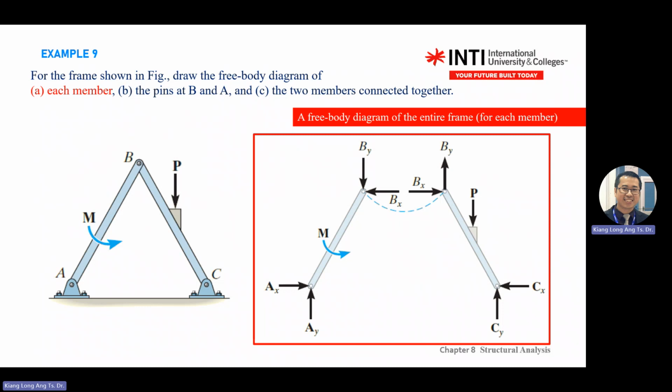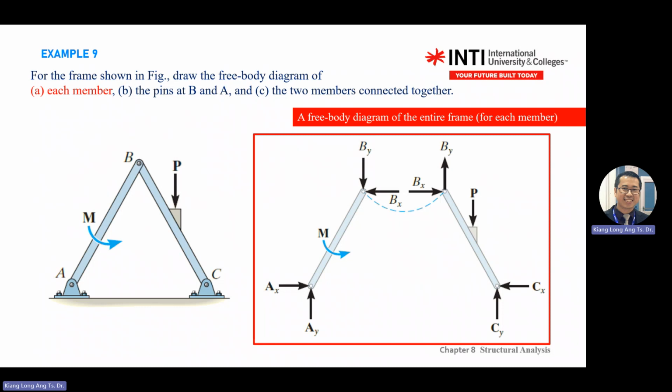For example, BX for BC member is pointing to the right. The BX for member AB will be opposite of your BX. Y is also opposite. The blue line here is just saying that the point B here is connected with the pin.